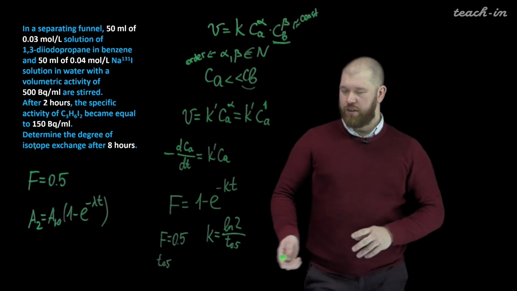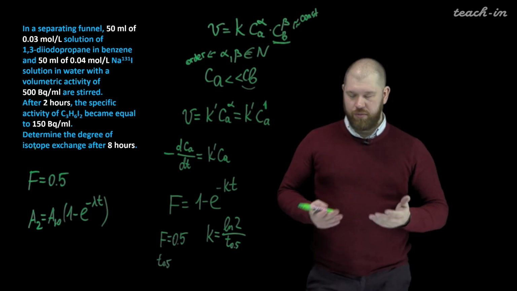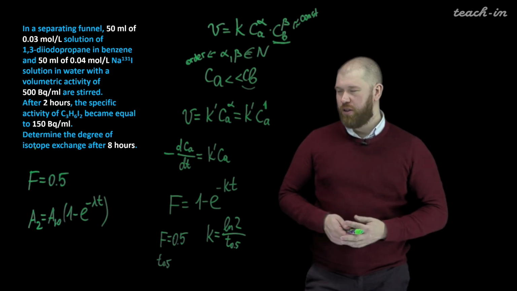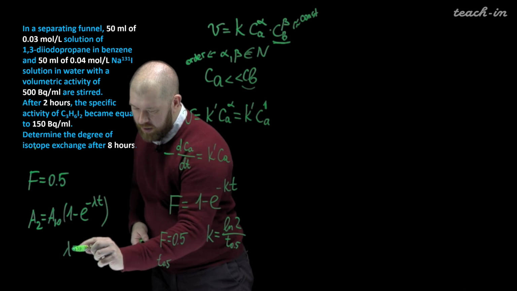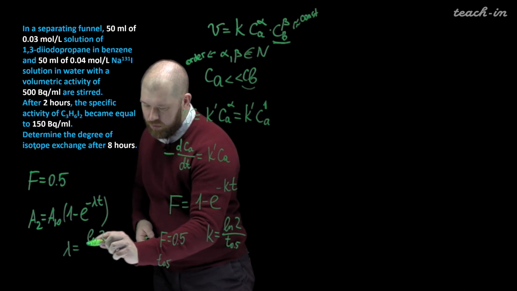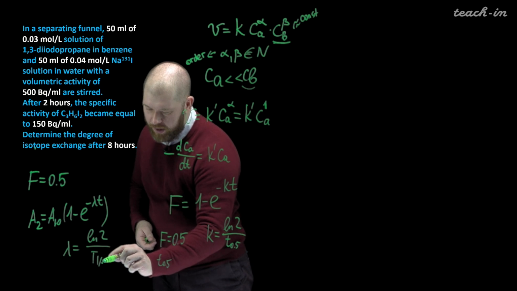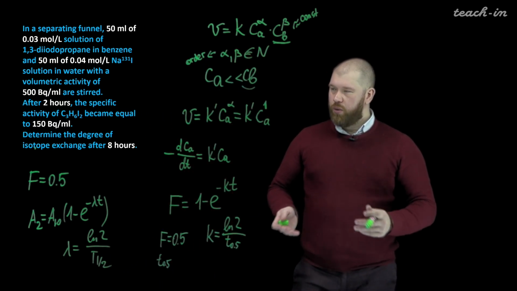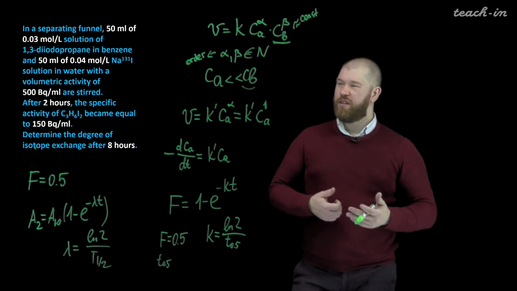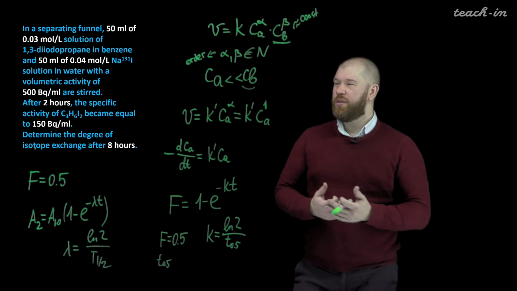So again, it is the same equation as for the decay constant lambda, where it is logarithm 2 divided by the half-life. So all the mathematical consequences will be the same.